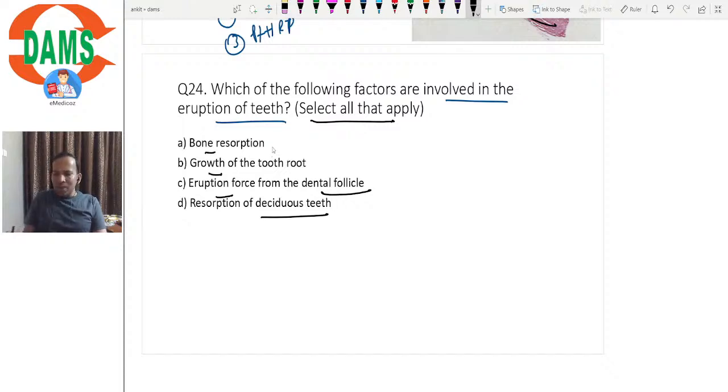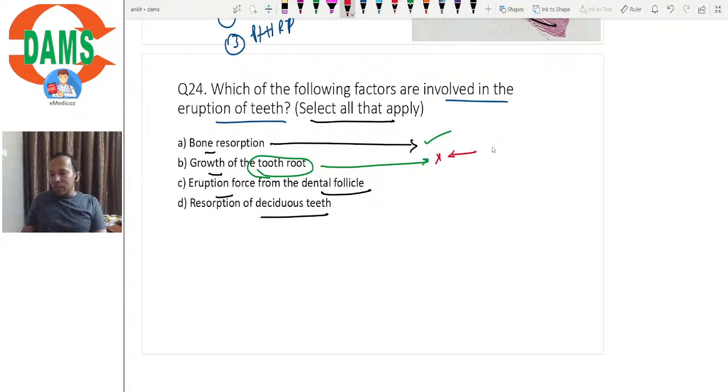Bone resorption, do you think it will be helpful in eruption? Bone resorption? Yes, isn't it? Growth of the tooth root. Do you think the growth of the root helps in eruption? And the answer is no, isn't it?